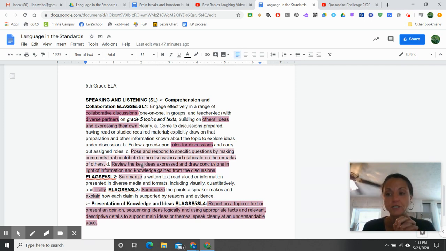So collaborative discussions, we have to work on very small skills, such as using eye contact. How do you listen? How do you show someone that you're listening? How do you make sure that you understood what they said? How do you compile all of your information into an idea and then express it to the other person? So all of these language areas are things that we work with, but we break them down into very small skills in order to help the child build up into these broader skills.